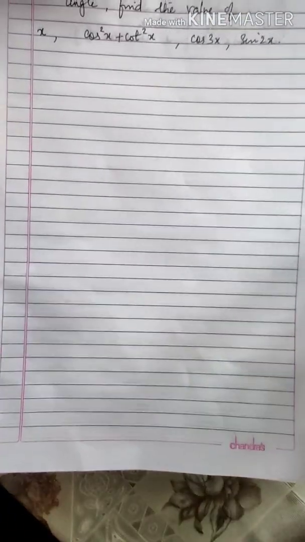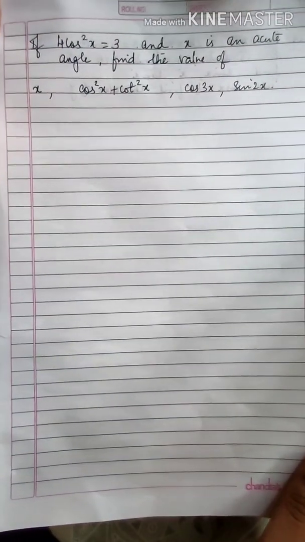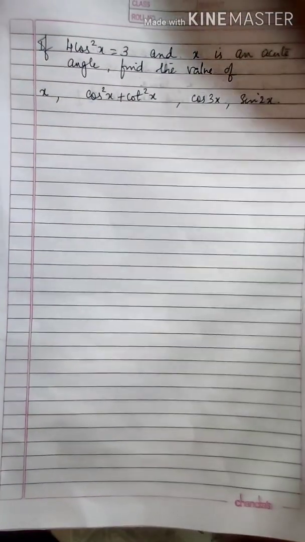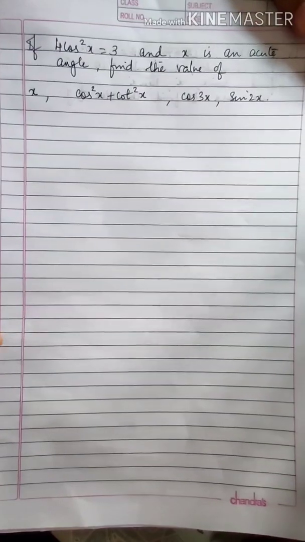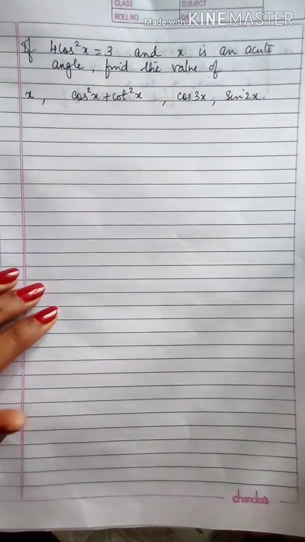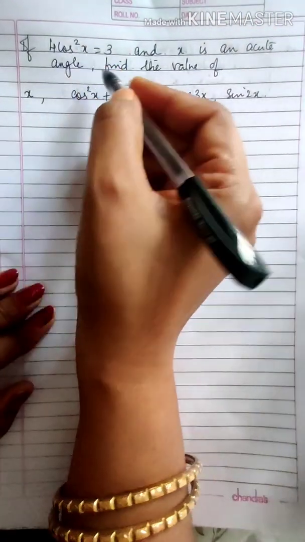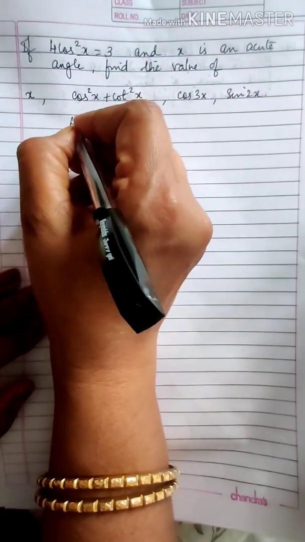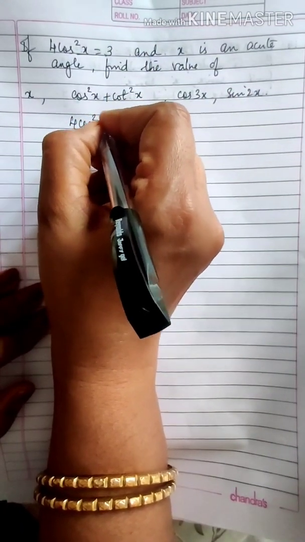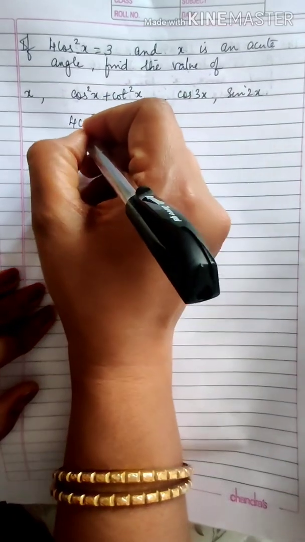Now the next sum, if 4 cos square x is equal to 3 and x is an acute angle, find the value of x. So here the given expression is 4 cos square x is equal to 3.